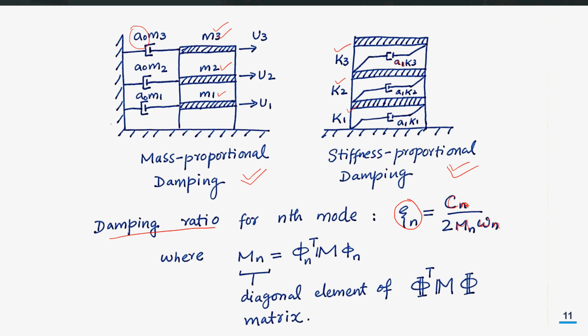Here mn is the diagonal element of this matrix. We know that this is a diagonal matrix with the other, off-diagonal terms equal to 0.